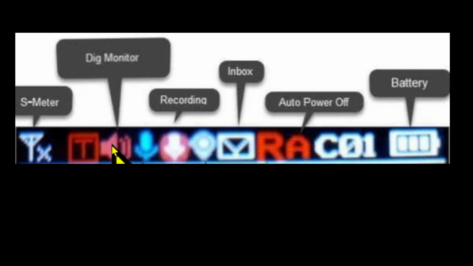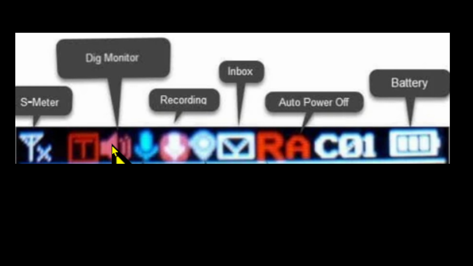And if you go into the settings and activate digital monitor, you will be able to hear the traffic that you were initially missing. But the trouble is, when you key up, it doesn't go back to that person. When you key up, it goes back to the slot you were on originally.